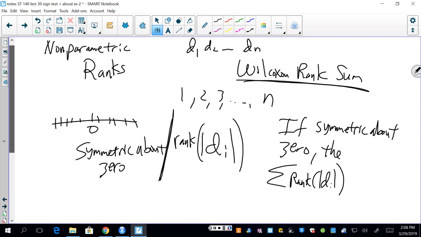It can be kind of simulated. So the short story of it is you can do this complicated thing that doesn't depend on the actual distribution of the D's and still come up with a p-value.